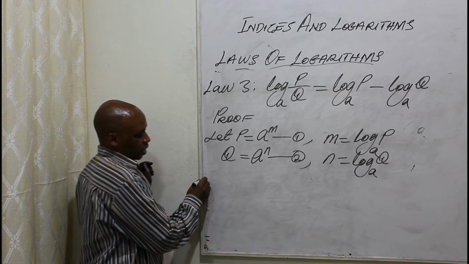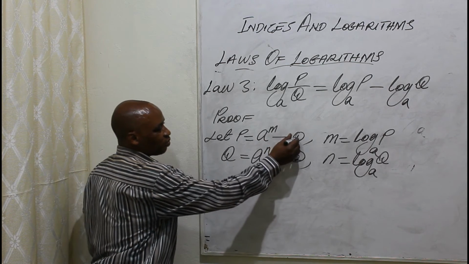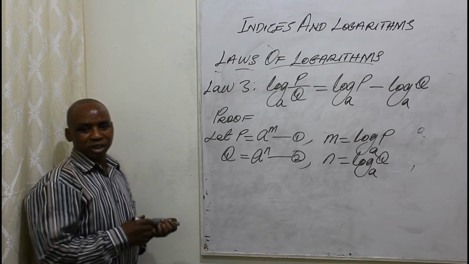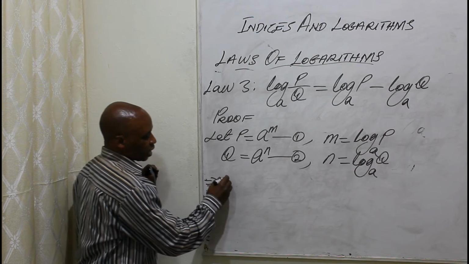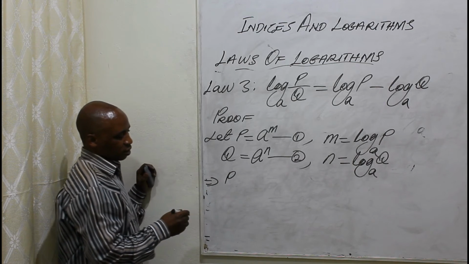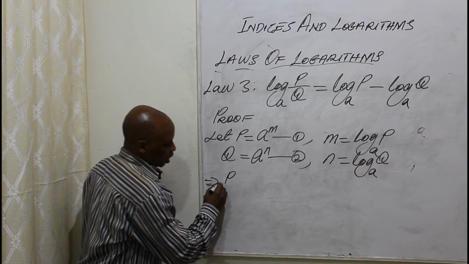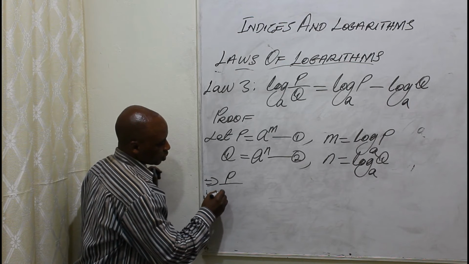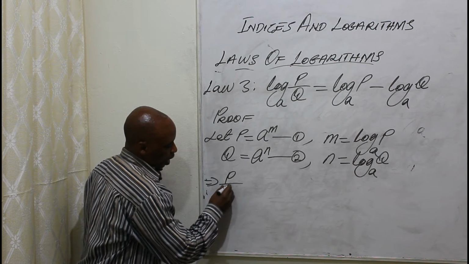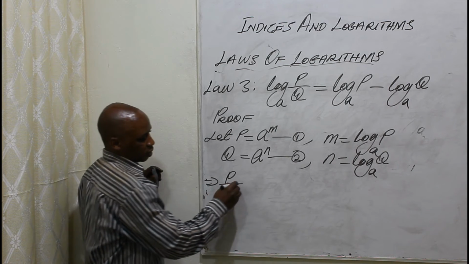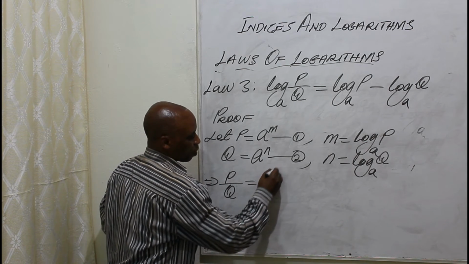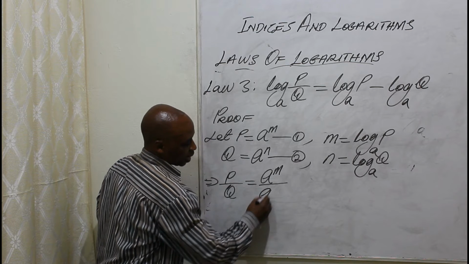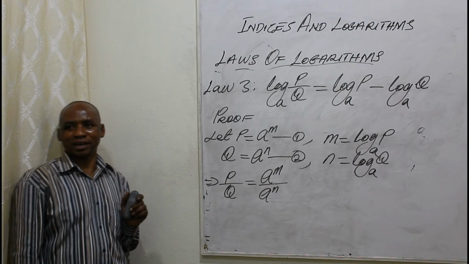Then our next step is we divide equation 1 by equation 2. And with this, we will get the left-hand side of the equal sign being p over q, being equal to a raised to the power m divided by a raised to the power n.